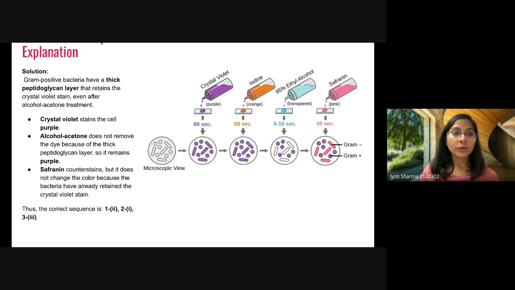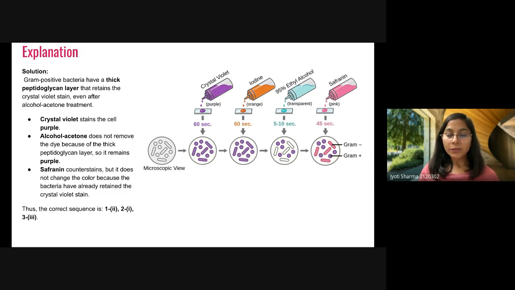Let me show you here. If you have gram positive bacteria and you apply crystal violet, this gives you purple color. Then you have iodine and the ethyl alcohol. If it is gram negative bacteria, it will become colorless, but if it is gram positive bacteria, it will retain the color.